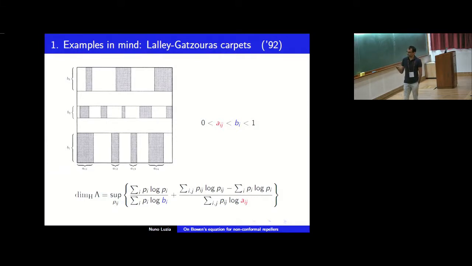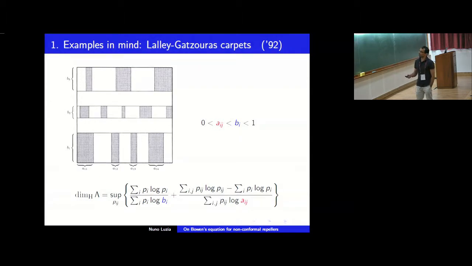And this formula says that the variational principle for dimension holds. So we can obtain the Hausdorff dimension of the attractor as the supremum over Bernoulli measures supported on the attractor.